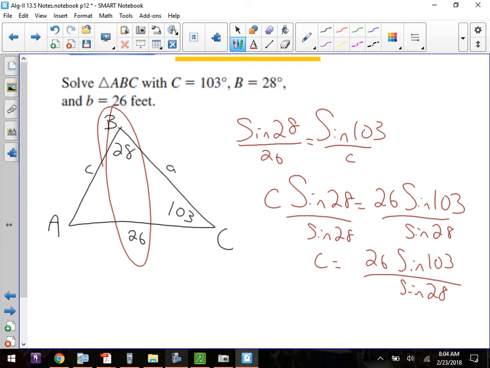So let's see, if I make a fraction bar, alpha y equals 26 sine 103 over sine 28. 53.96. Everybody agree with me on that? You could do that because then you could use the A to get to the little a.